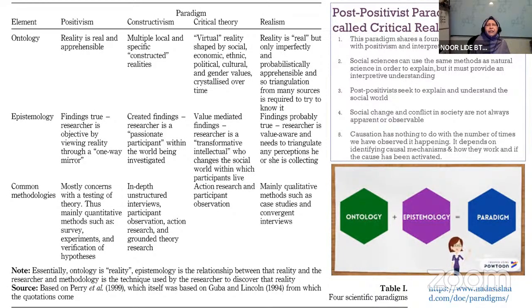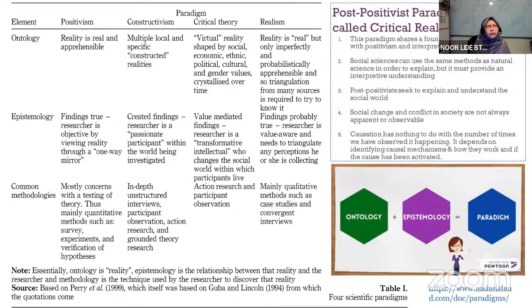All right. So post-positivist and realism are very much related to positivism, but they do have this understanding that it can be more than that. It can have different interpretations, different points of view.